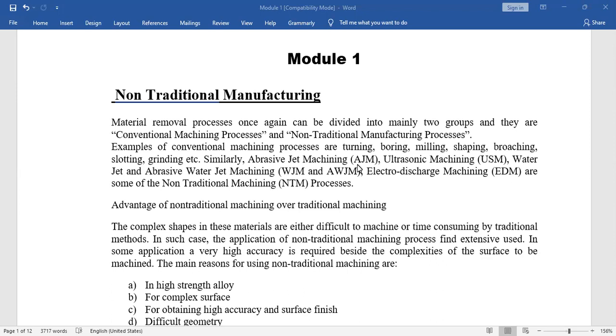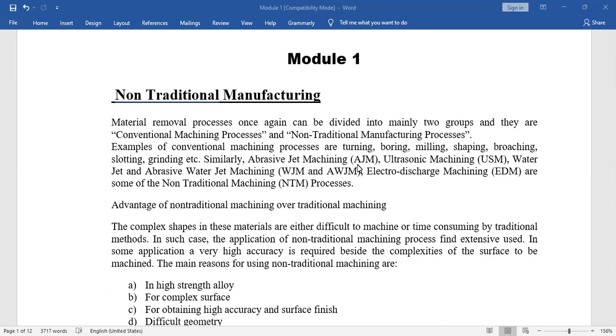In the last class also I have discussed the difference between conventional and non-traditional machining process. The first and most important difference is that in case of the conventional machining process, there will be contact between the tool and the workpiece.